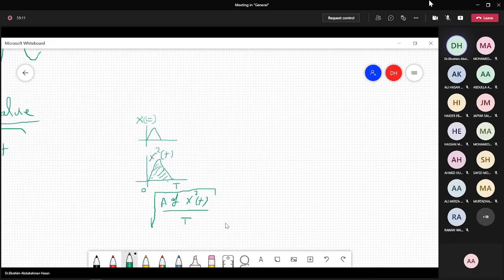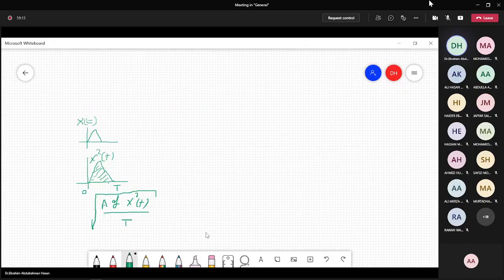From where do we get this one? If we have a DC supply, for example I DC, and this is R, then P of t is equal to R multiplied by I squared.